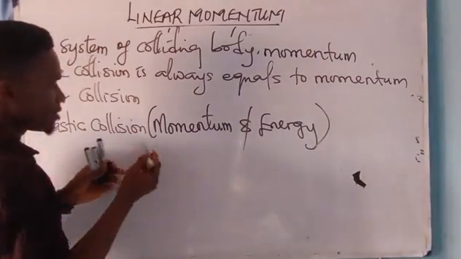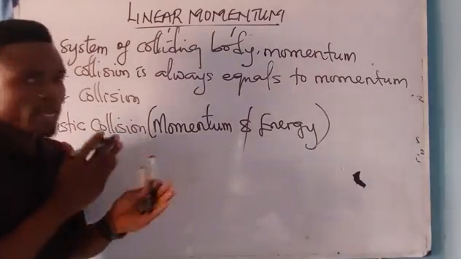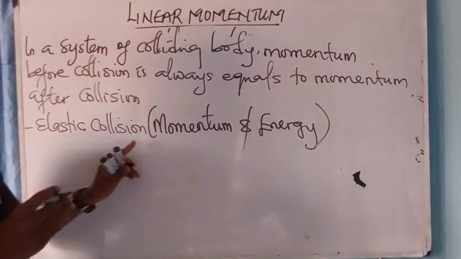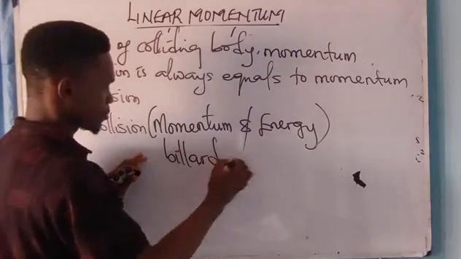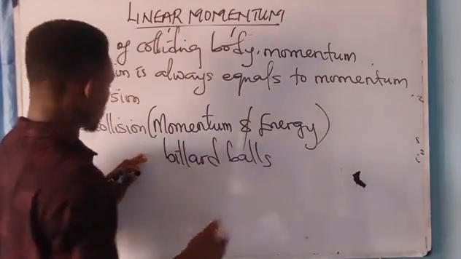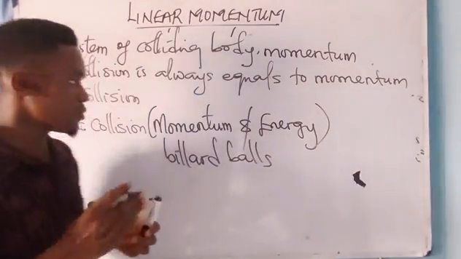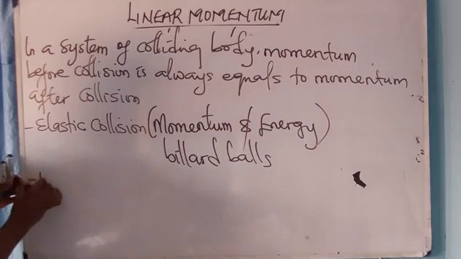A good example is the collision that exists between atoms of gas. The collision that exists between two billiard balls is also an elastic collision. And the collision that exists between gases, you say it is elastic.